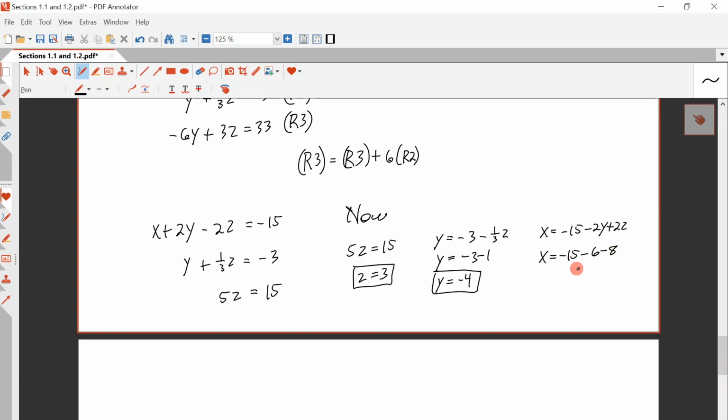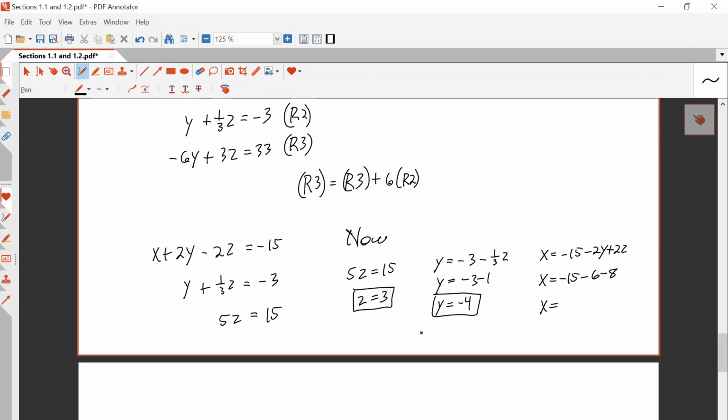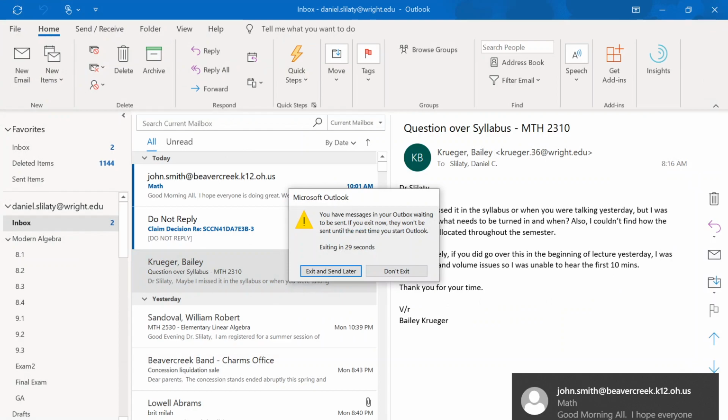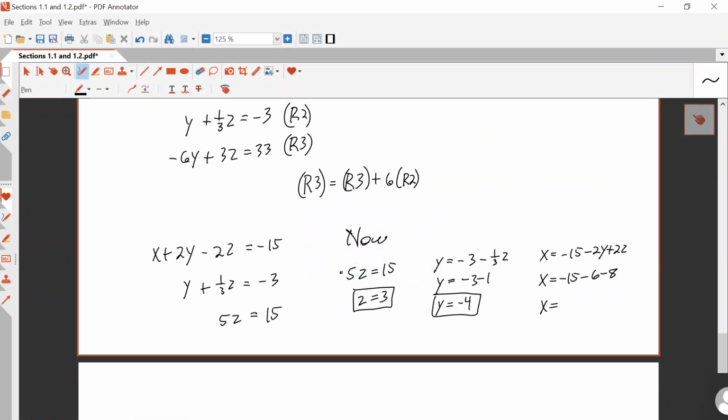Is that right? So then x is equal to, let me double check this. I should turn off my email. Oh, minus 15. I see.